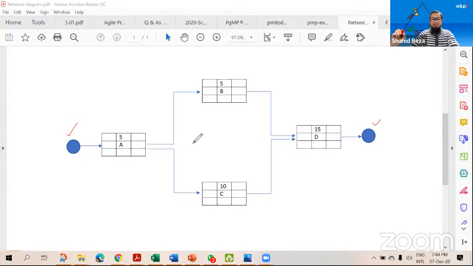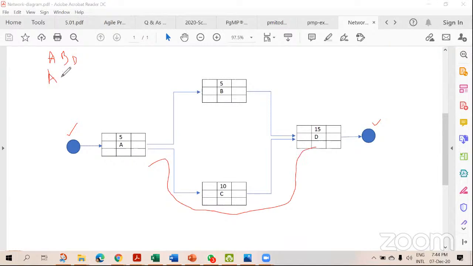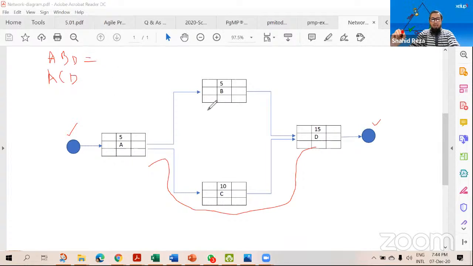First you have to identify how many paths are here. There are only 2 paths, right? A, B, D is one path, and another path is A, C, D. If we add all the durations, the activity name is in the middle, and at the top middle is the duration of the task.